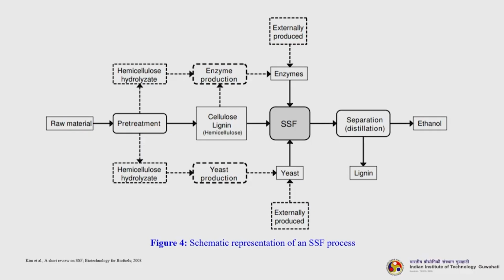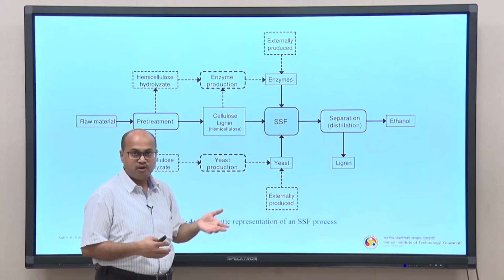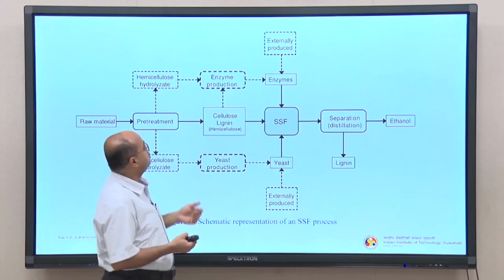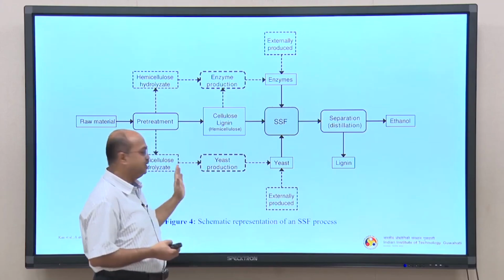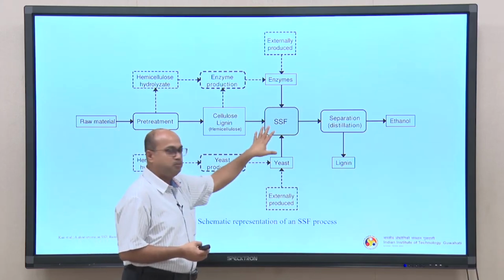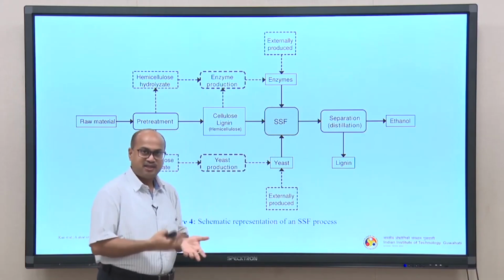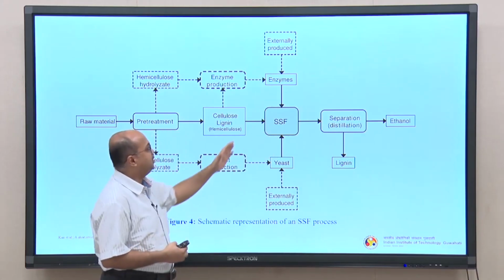Now, you will have to add enzymes. Enzymes can be externally produced or they can be produced in situ also, right, and whatever yeast is being used to degrade this hemicellulose can also be used here, either externally produced or supplied.